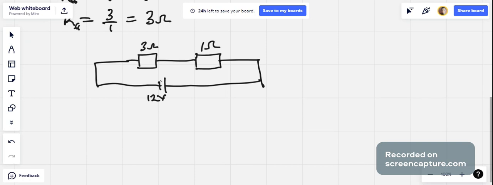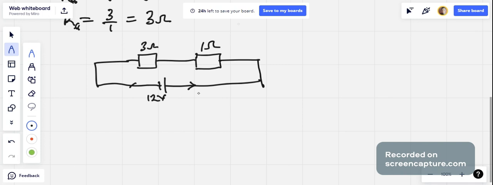Having done that, we were asked to calculate the current through I1. Since this is a series connection, the current that comes from this cell will be the same current that passes through the 1 ohm and also through the 3 ohms. Remember, when resistors are connected in series, the same current passes through them.